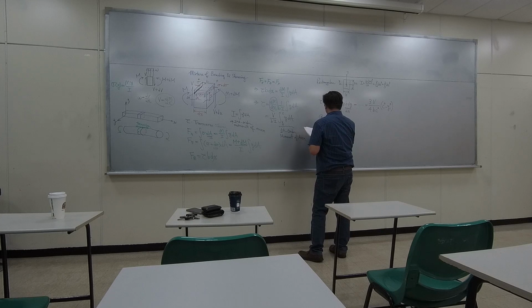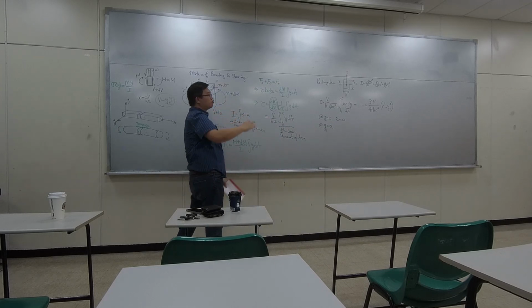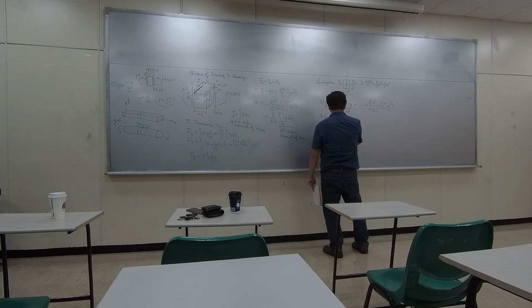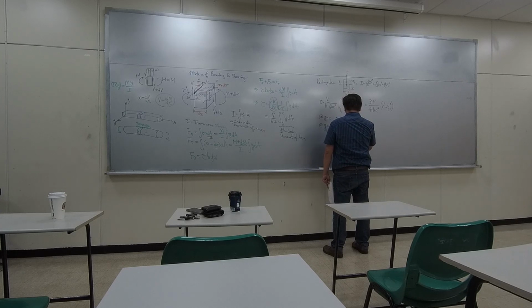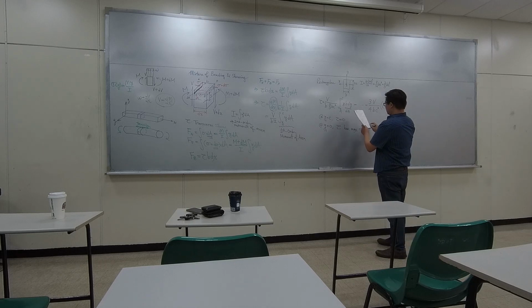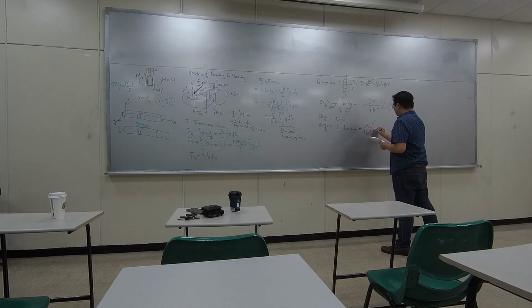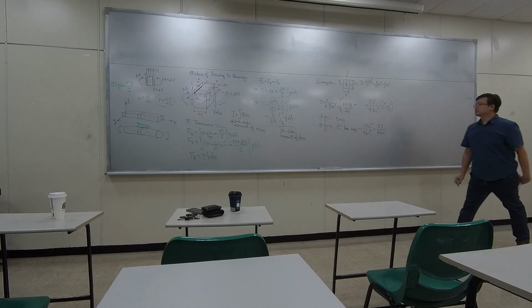And where is the maximum value? When y1 is 0, basically on the neutral plane, we have the maximum value. So tau has max value, and this equals 3V c squared over 4bc cubed. So at the end, 3V over 4bc.